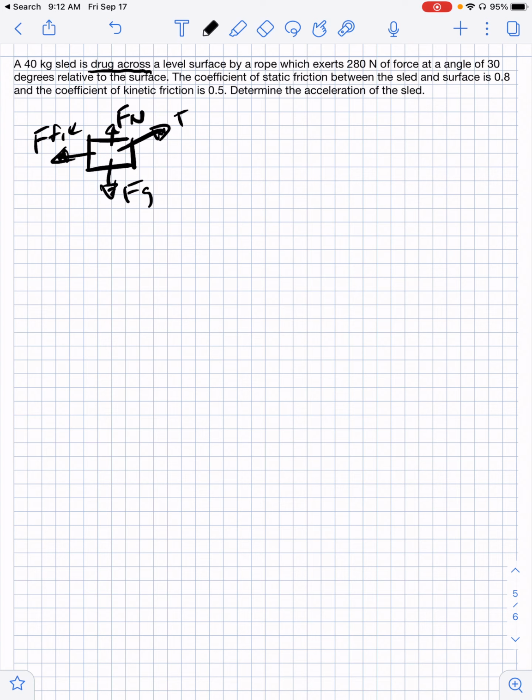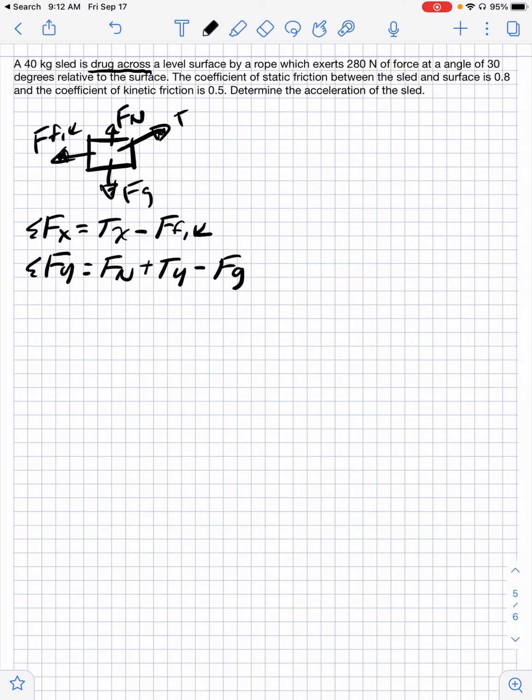Let's make our net force equations. In the x direction, we're going to have Tx minus the kinetic friction. And then in the y direction, we're going to have the normal force plus Ty minus the weight of the object.